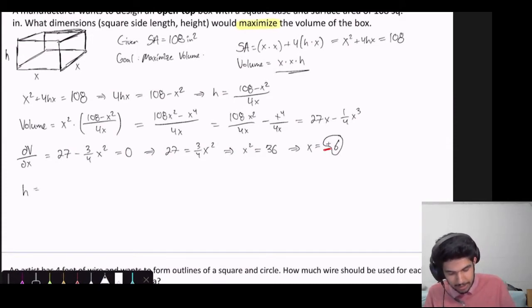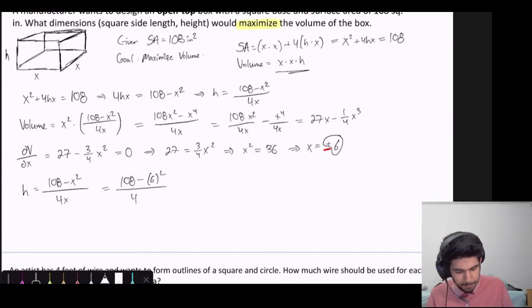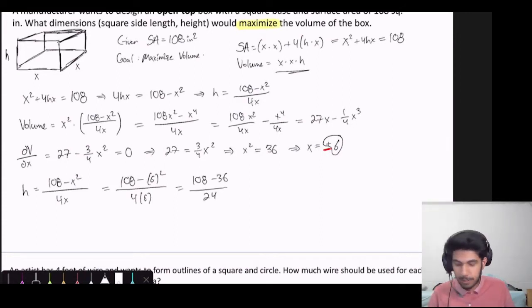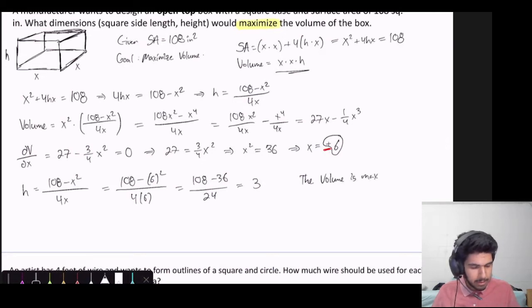So we know height is equal to 108 minus x squared, all of this over 4x. So we plug in 6 into here. This gives us 108 minus 36, all of this over 24. This is 3.